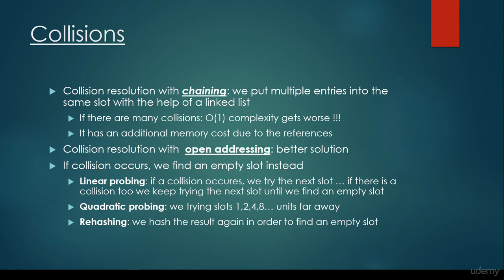This is the so-called quadratic probing. And one of the most important open addressing techniques is the rehashing: we hash the result again in order to find an empty slot. So if we end up with an array index that's not empty, then we are going to use the hash function again. So this is the so-called rehashing.